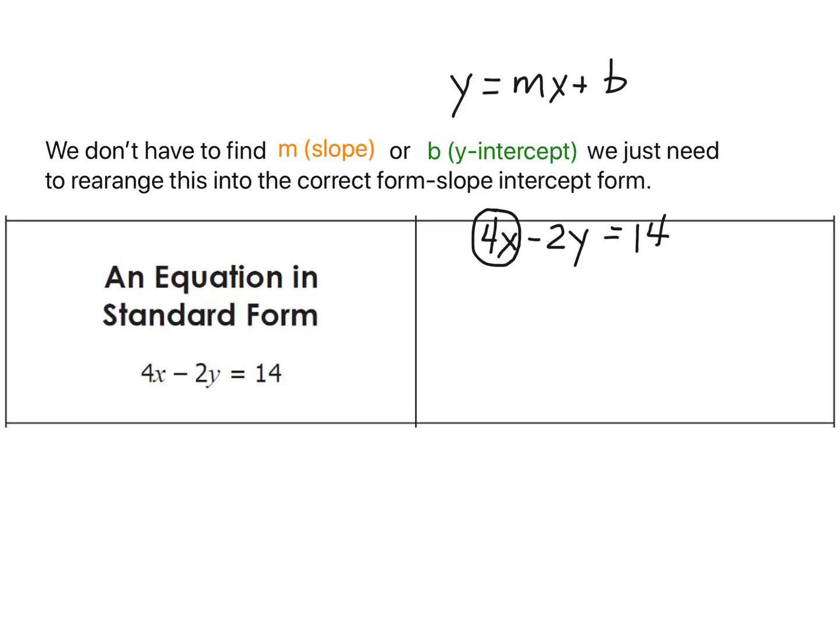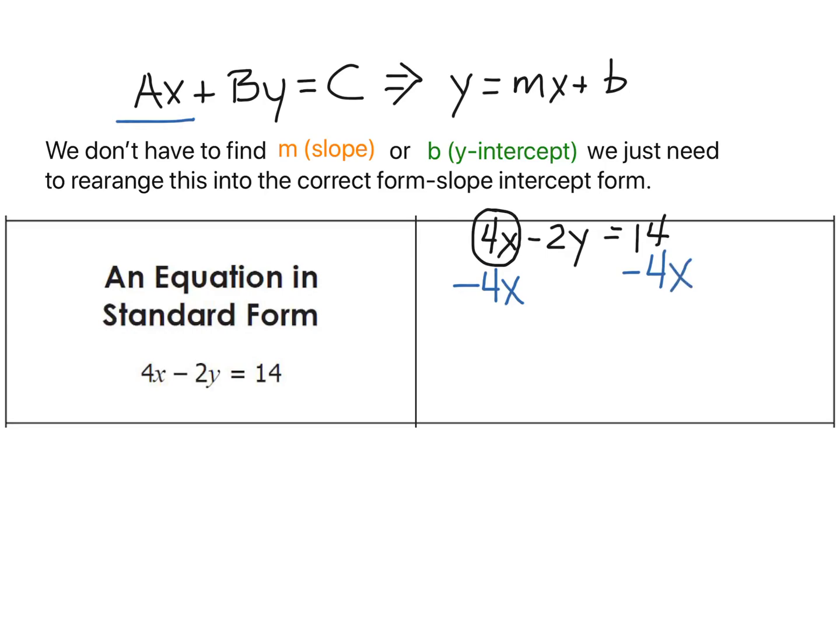If you remembered what we learned about standard form, it looked like ax plus by equals c, and I am now asking you to convert to slope-intercept form, okay? So I'm going to start by moving this first. So minus 4x from both sides.